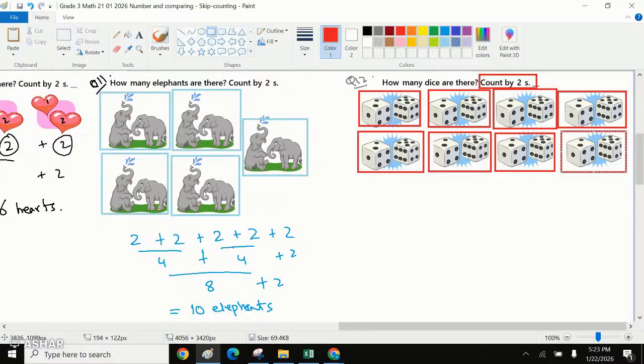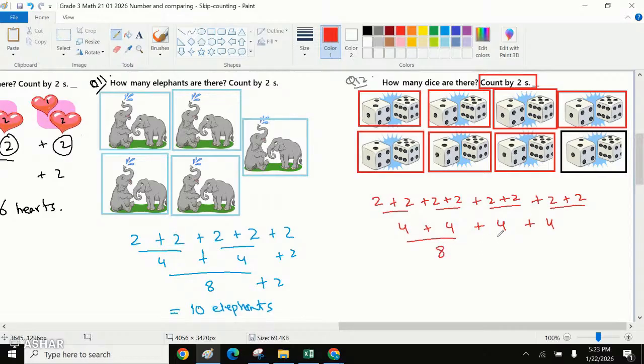Thank you, Precious. Thank you, Legabo. That means the total are 8 pairs. That means 2 plus 2, right? 4 pairs, 6 pairs, and 8 pairs. That would be 4 plus 4, 4 plus 4. This is 8 plus 8. And that means the total there are 16 dice.